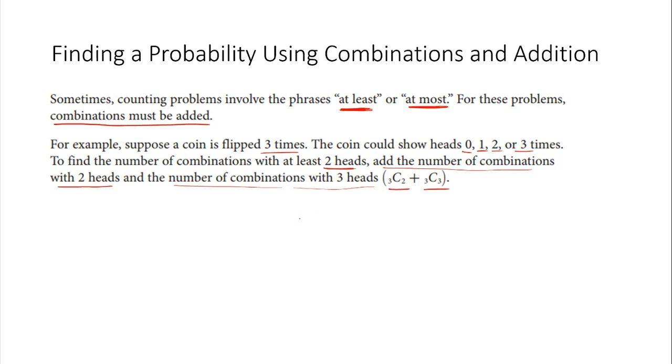We know that we're flipping the coin 3 times. So that's the 3 flips. If we flip and get 2 heads, then we have to add that to the idea that we could flip 3 coins and still get a third head for our event.